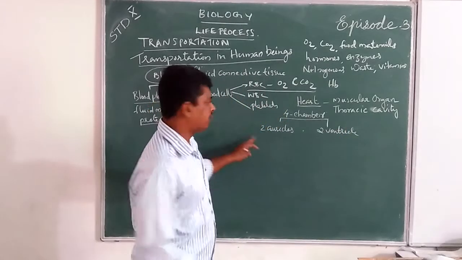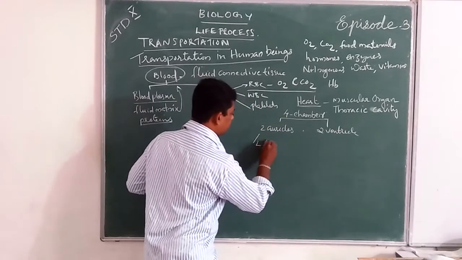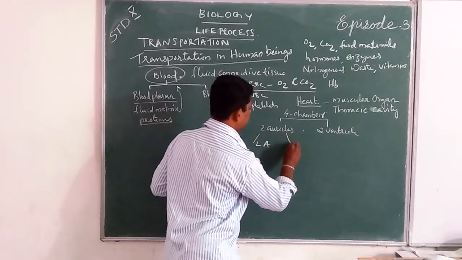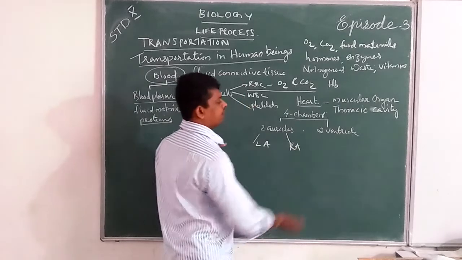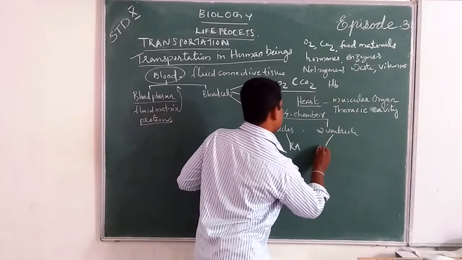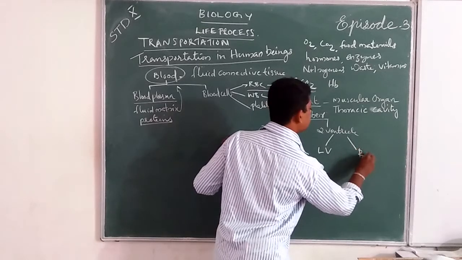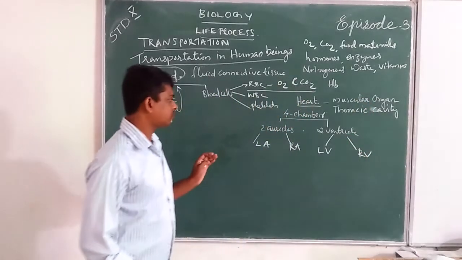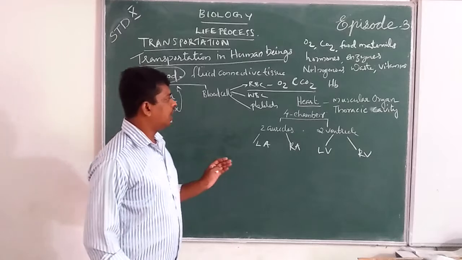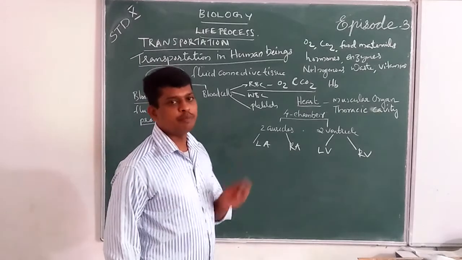The two auricles are the left auricle and right auricle, and the two ventricles are the left ventricle and right ventricle.